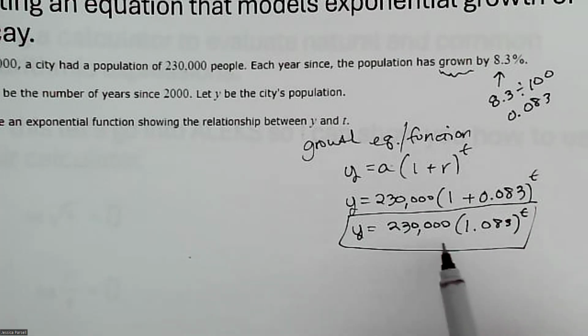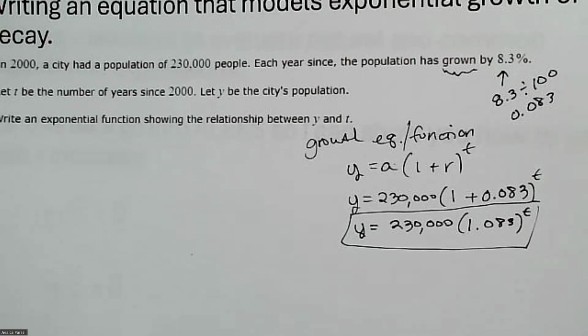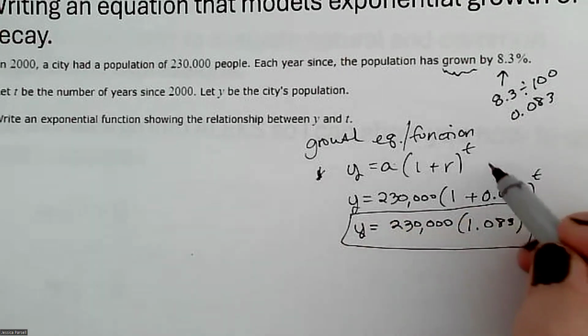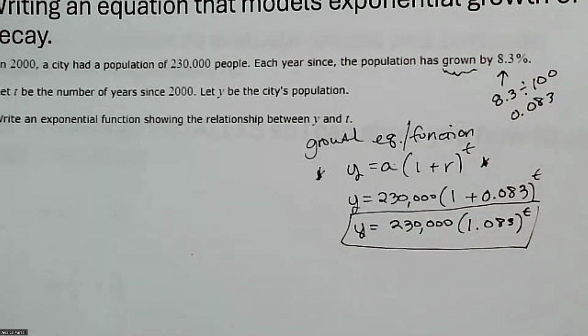We know this is our starting point, 230,000 people, and they're growing by 8.3% each year. So no real math required, just knowing how to put the parts into this function here. Now, if they had said it was decaying or decreasing, we would want to then revert to our decay function.